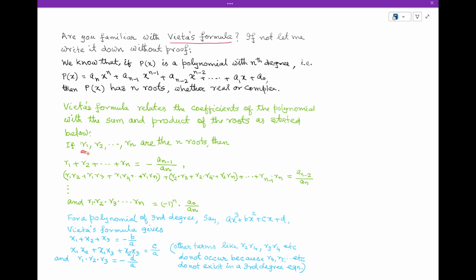If r1, r2, etc. up to rn are the n roots, then r1 plus r2 plus up to rn is equal to minus a_(n-1) divided by a_n, and r1 r2 plus r1 r3 plus r1 r4 up to r1 rn, plus r2 r3, r2 r4, up to r2 rn, plus the final term r_(n-1) multiplied by rn, is equal to a_(n-2) divided by a_n.